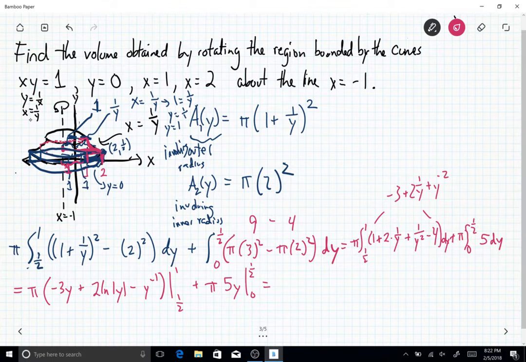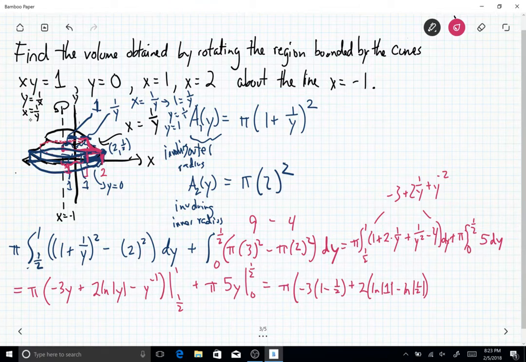And taking a look at this, what happens? Well, you've got to plug in the bounds. The first one's going to be a little bit trickier. So you get pi times negative 3, and then it goes 1 minus 1/2, plus 2 times natural log of 1 minus natural log of 1/2, which we can simplify a little bit too.